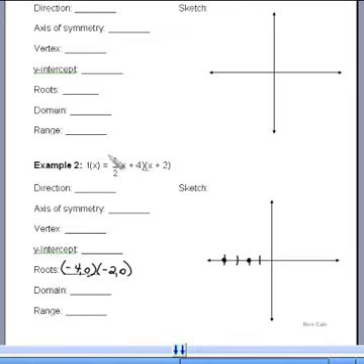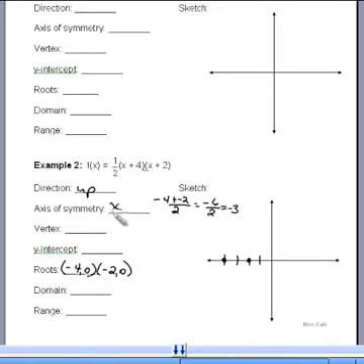This is a positive 1/2, so it opens up. The axis of symmetry, again, is halfway between these two roots. It's easy to see where that is, but let's do it mathematically. We have -4 plus -2 divided by 2, which is -6 divided by 2, or -3.